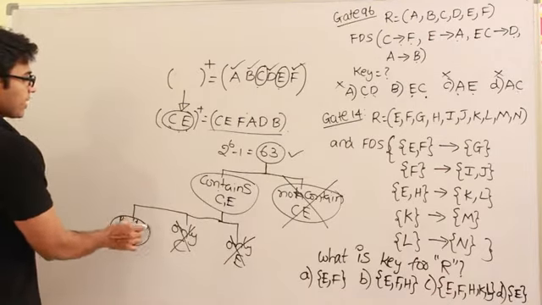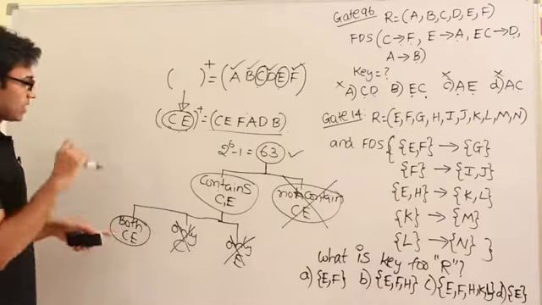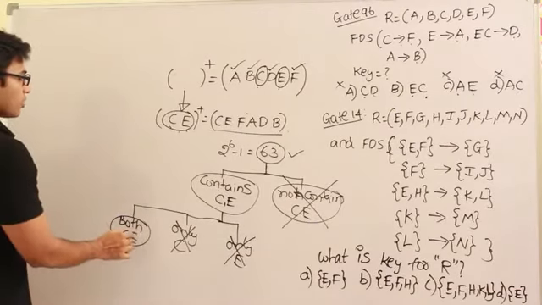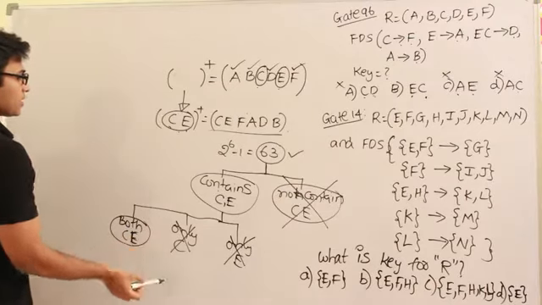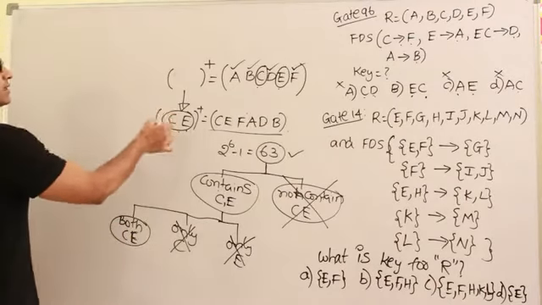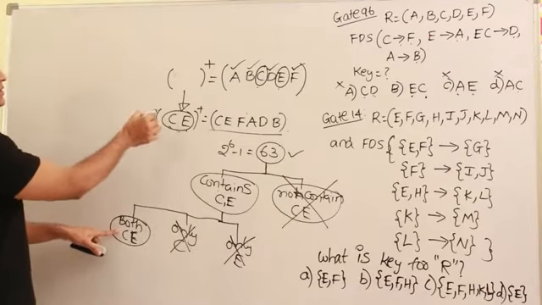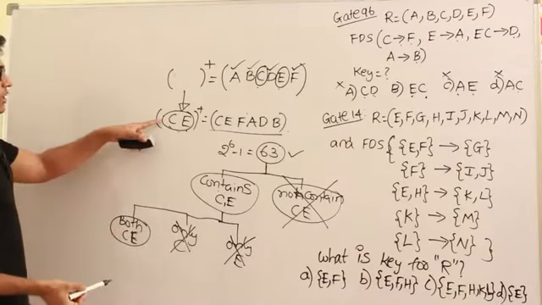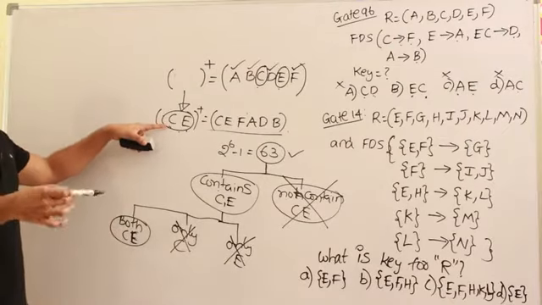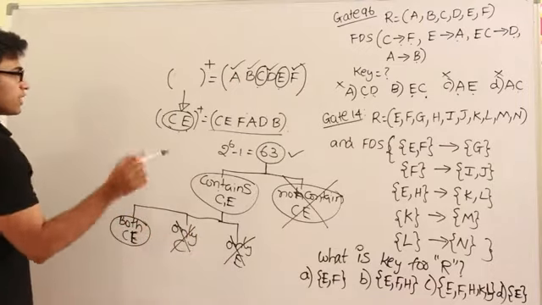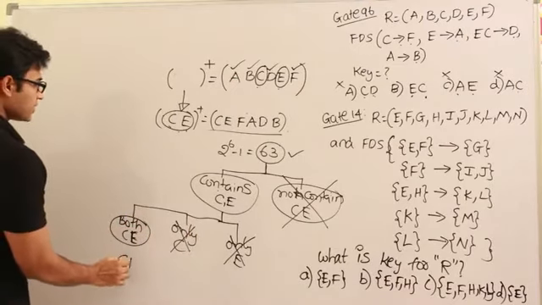Now if they contain both C and E, yes, they can be the keys. Out of all the keys which contain both C and E, CE is the minimal key, therefore CE is the candidate key. Whatever else contains both of them is just going to be a super key. Therefore out of all the candidate keys, only one is possible, that is CE.